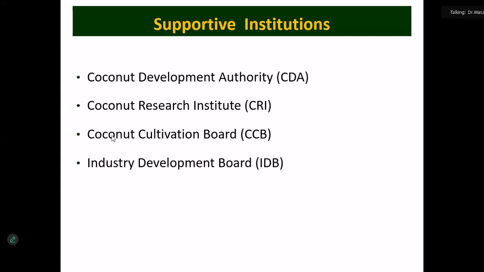Then IDB, the Industrial Development Board, assists the CDA to produce required machinery and know-how. If I ask you to list out the support institutions in the coconut industry, you should list these.